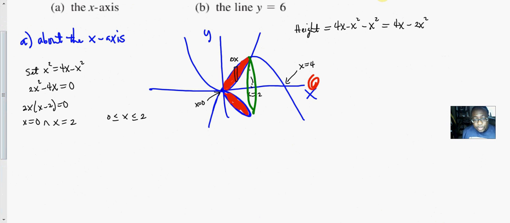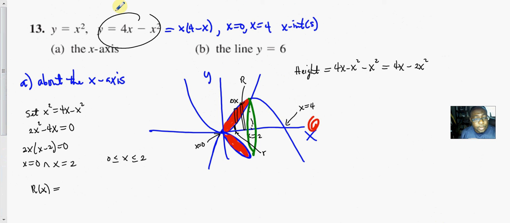Okay. So I need the big slice to do this. That's big R. I need the smaller slice to be the hole. So the big one, capital R of x, is this curve here.